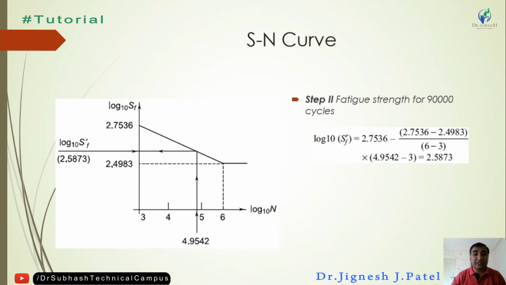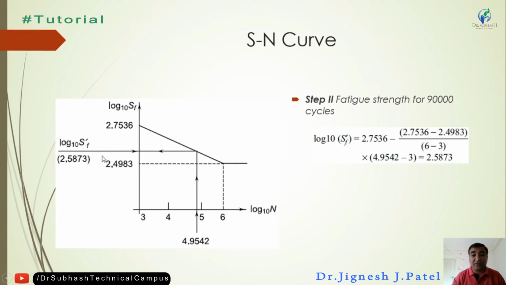It is given by the equation: log SF dash is equal to log 0.9 SUT minus, log 0.9 SUT minus log SE upon 6 minus 3, into, so the total value is 2.5873.